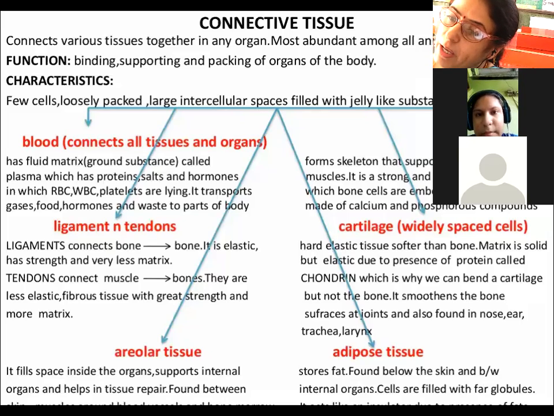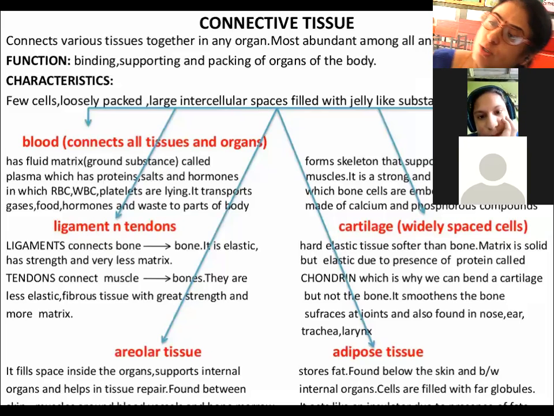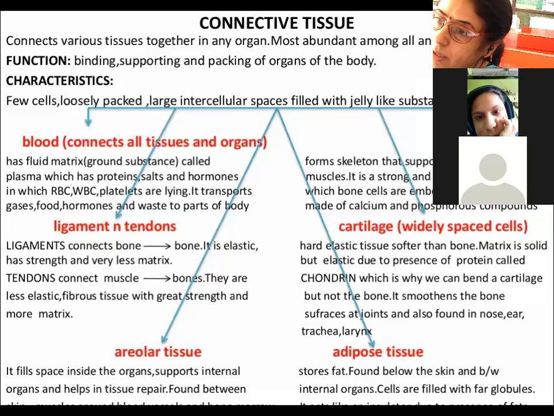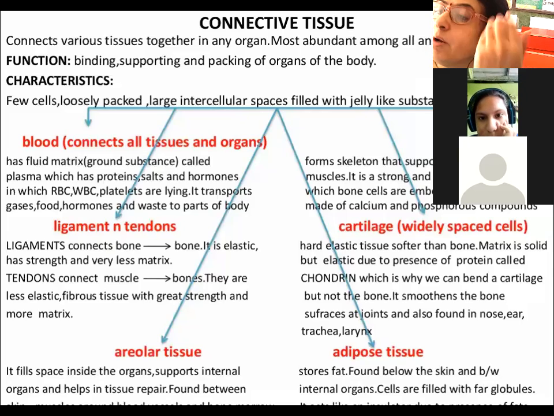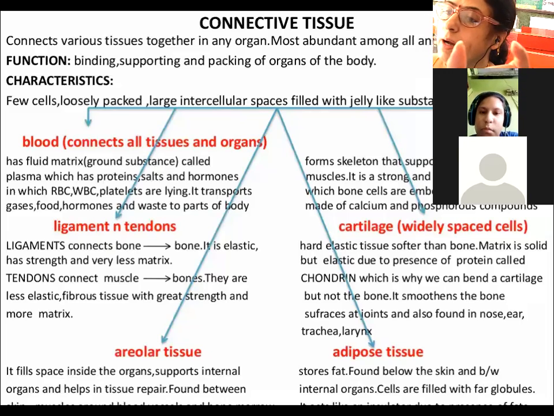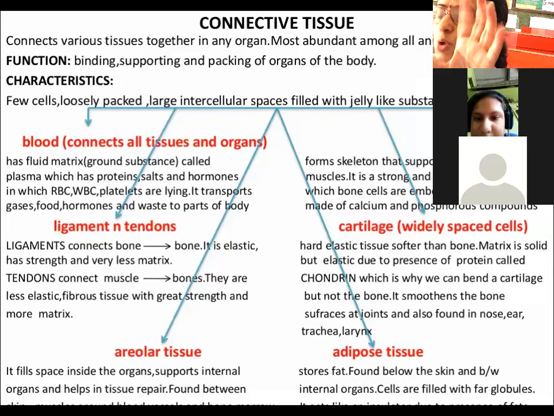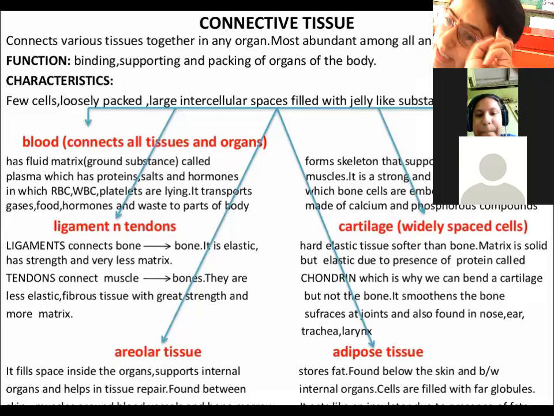So that is why lymph is a colorless fluid tissue which flows in the body of an animal. Along with the blood, there is one more fluid connective tissue that is called lymph. Lymph does not have RBC. It has WBC. Because it does not have RBC, it is colorless.